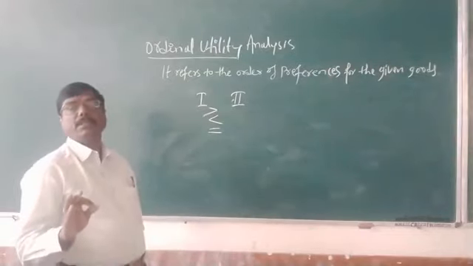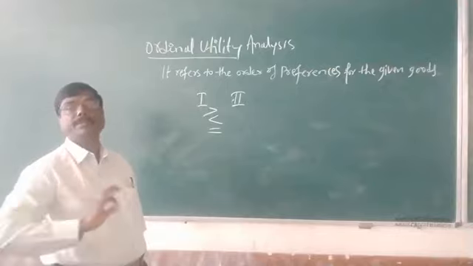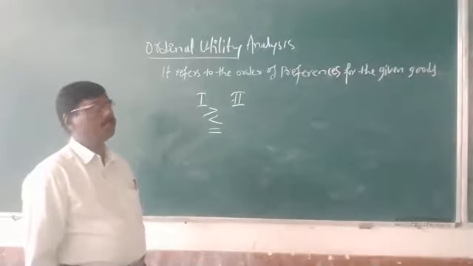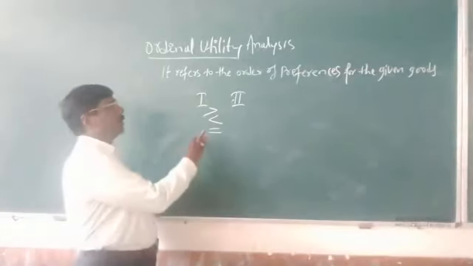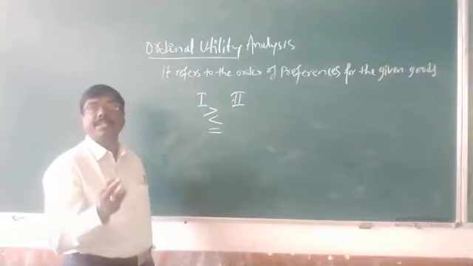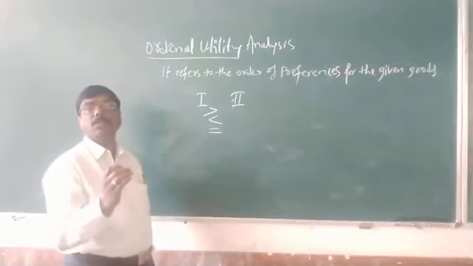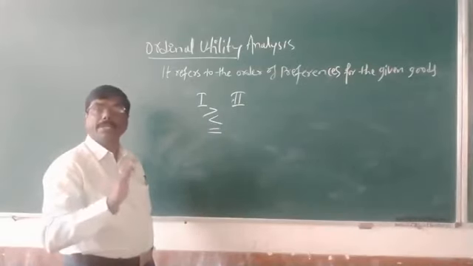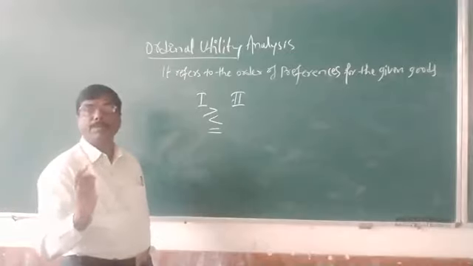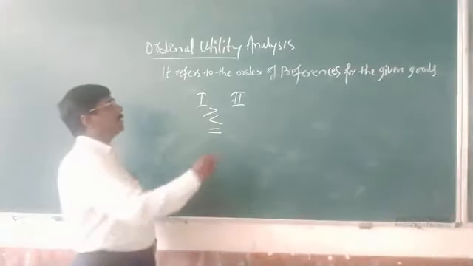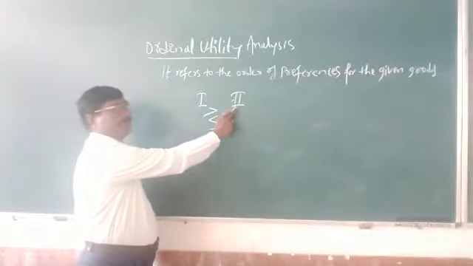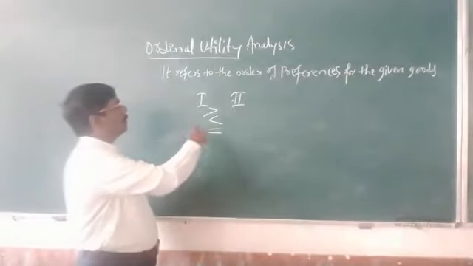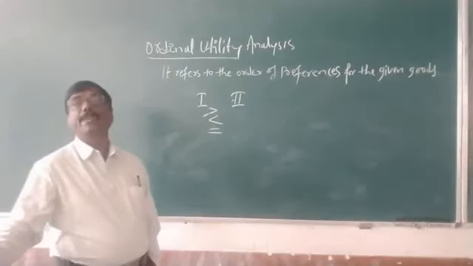So here, when a consumer consumes various units of the commodity or a basket of goods, he can tell whether the second basket of goods gives more satisfaction, less satisfaction or equal satisfaction to him.